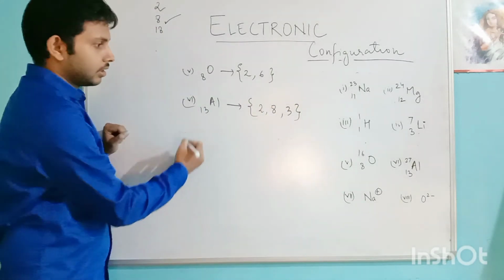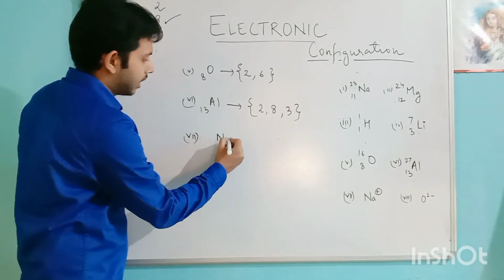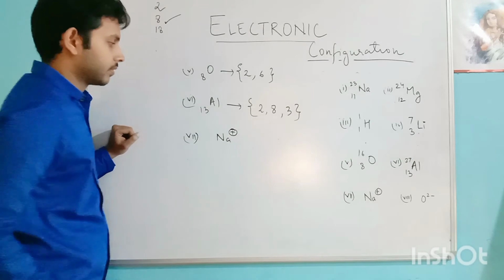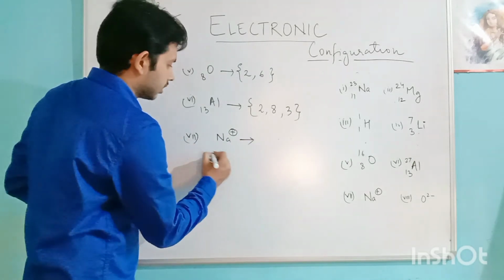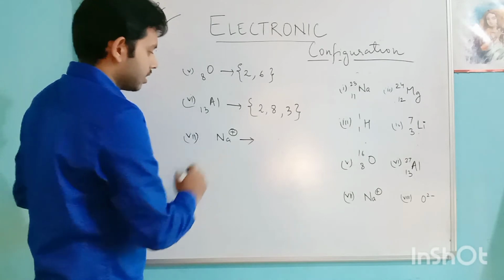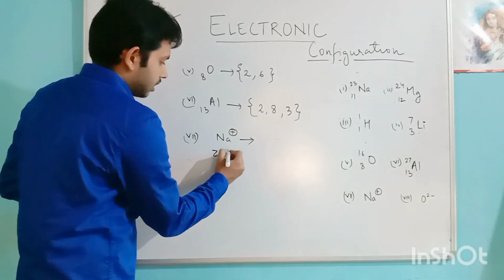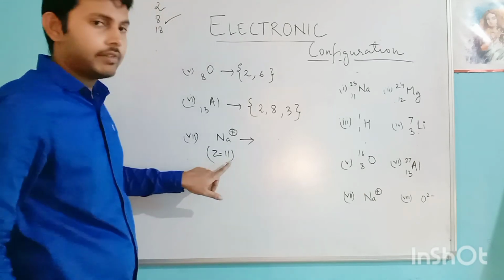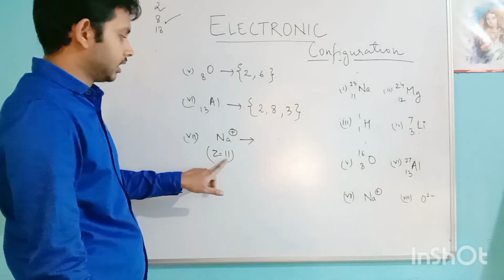Okay. Now next example. This time I have taken a cation. Okay. Cation, sodium cation. The electronic configuration of sodium means the atomic number of sodium is what? 11. So there are 11 number of electrons. Plus means there is one electron less.